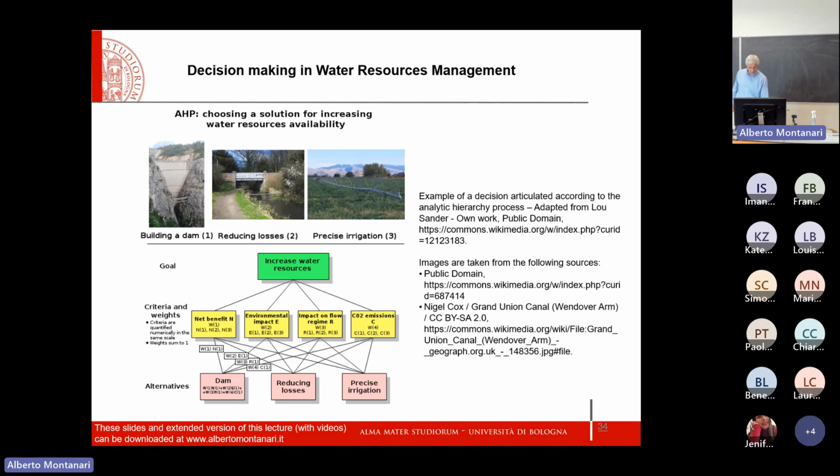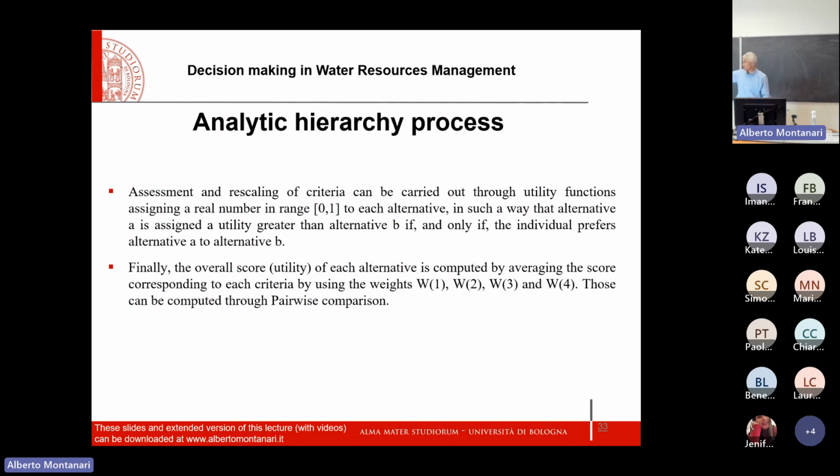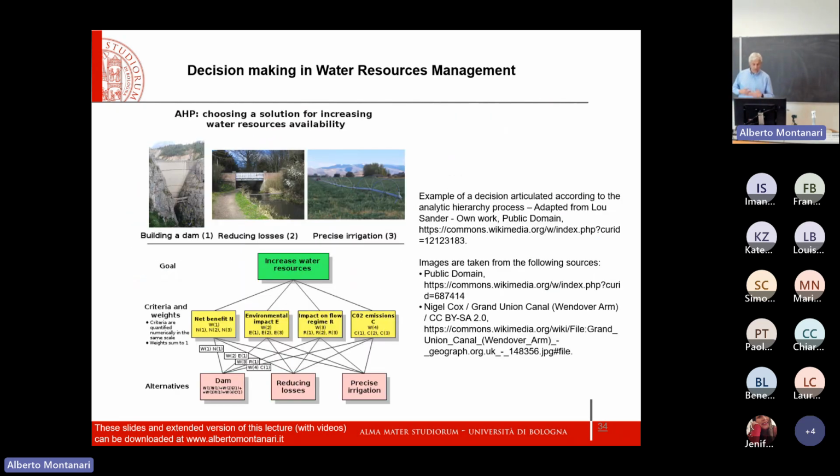Before I discuss this slide here, let me clarify the problem. The problem is choosing a solution for increasing water resources availability. And we identify here 3 solutions. Again, identification of solutions is an essential step. We skip it here.